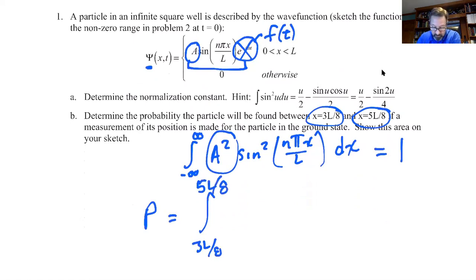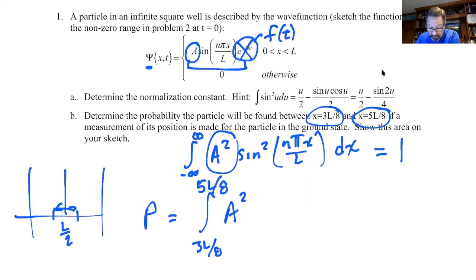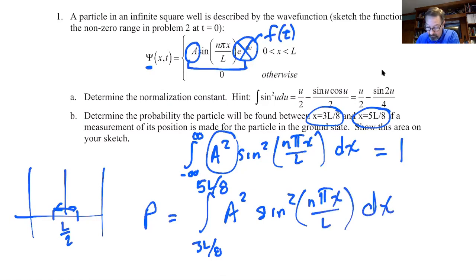If you look at the well, that's 1/8 either side of half, because there would be L over 2. So I go an eighth back and an eighth back. What's the probability that the particle will be in that range right there? I would go A squared, once you know the value from normalizing it, times sine squared of n pi x over L dx. That would be the probability that sits right there.